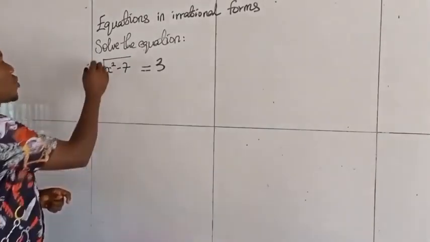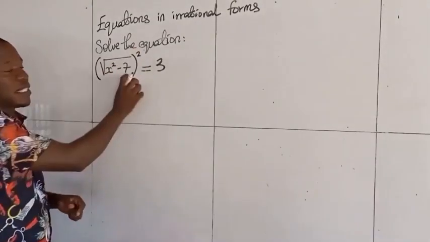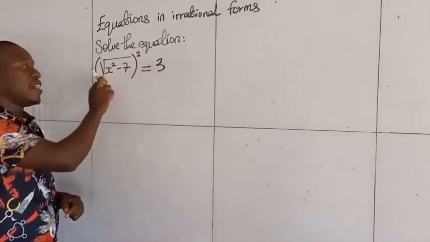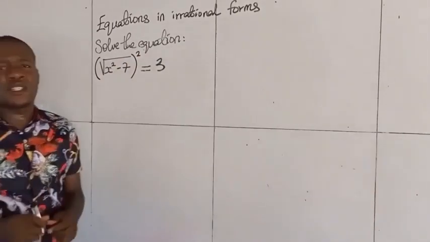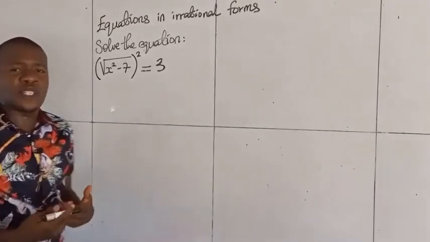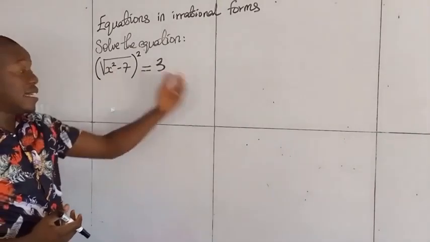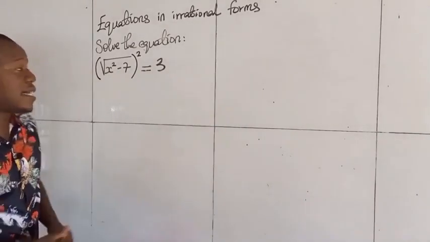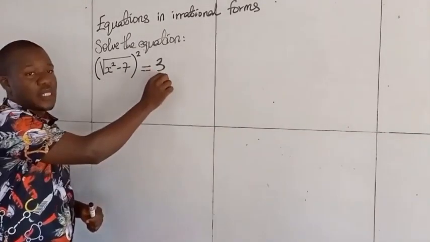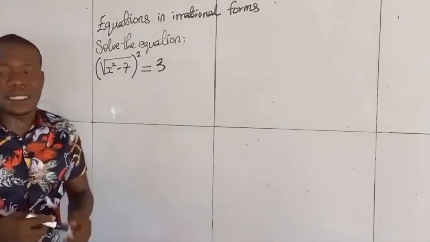So to eliminate this square root, I will start off by squaring this quantity so that this square eliminates this square root. But there's something very important I want you to note. In any equation, we are always comparing two things. First, at the left-hand side, then at the right-hand side. And we are saying that this quantity is equal to this quantity here. So while solving an equation, there is always a need to maintain equality.